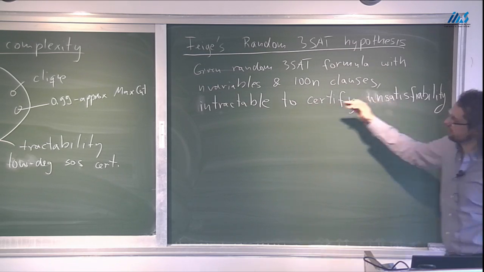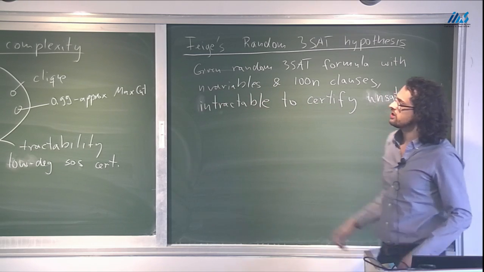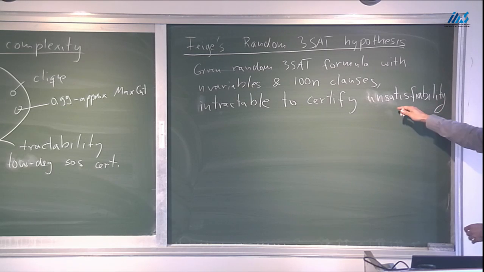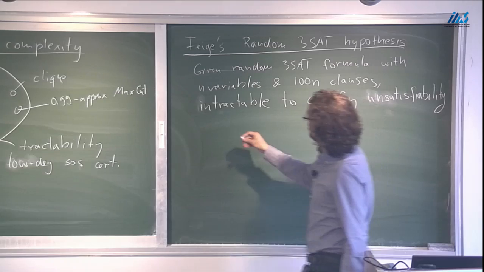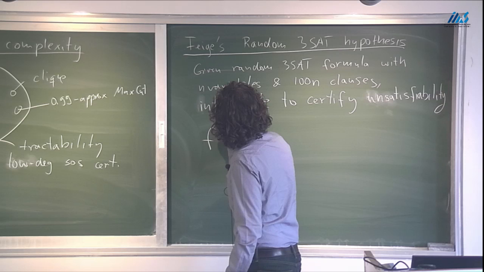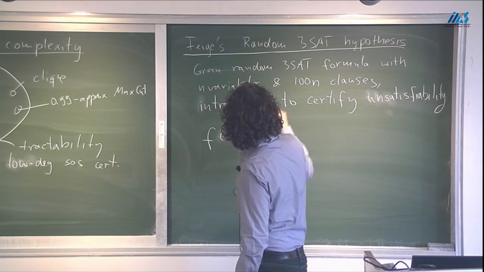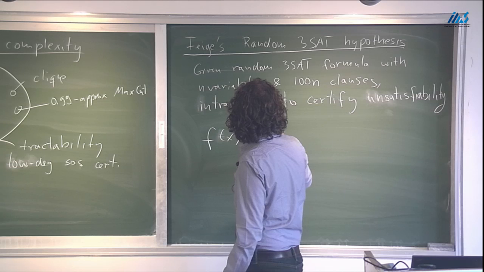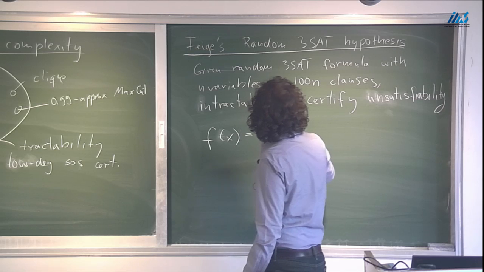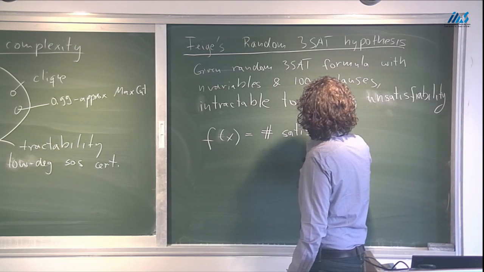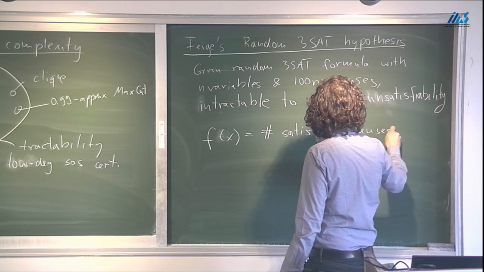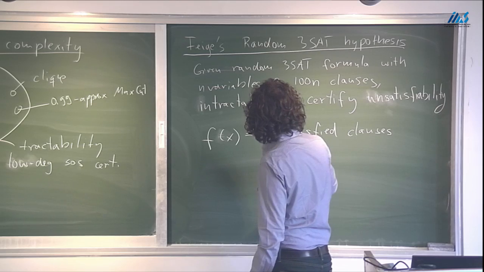But on the other hand, in terms of sum of squares certificates, it becomes a very clear question. For a given 3-SAT instance, we can look at the function that counts the number of satisfied clauses by the assignment x.